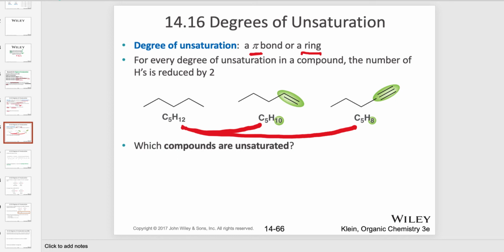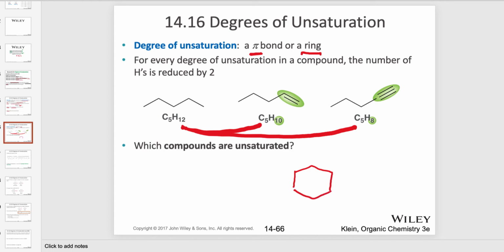Okay, so of all of these, only the one on the left is saturated, which means unsaturation is present whenever we have a multiple bond. Okay, so that's an important correlation. We can easily tell how many degrees of unsaturation we have if we know a structure, right? So that can help us.